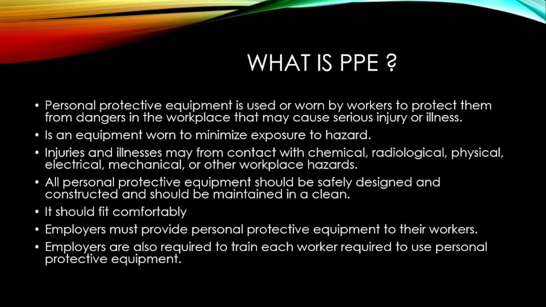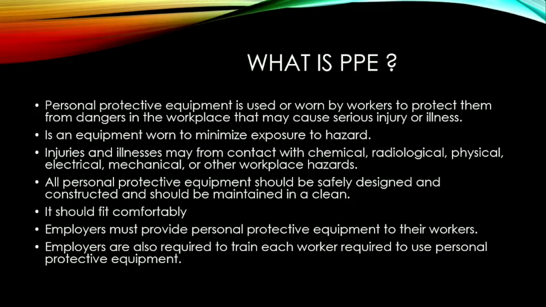Introduction. What is PPE? PPE, also known as personal protective equipment, is used or worn by workers to protect them from danger in the workplace that may cause serious injury or illness. PPE is equipment worn to minimize exposure to hazards.